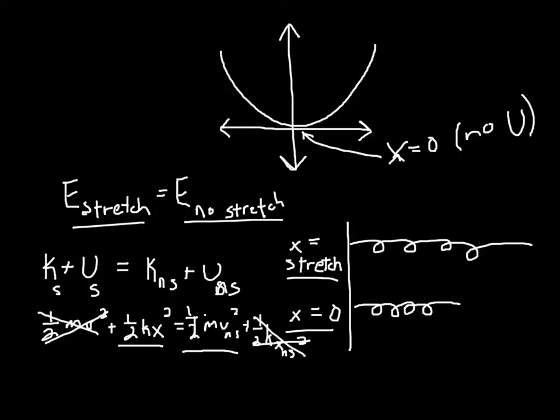But I started with some energy, so this means that all of my potential has been converted into kinetic. So I have a maximum amount of kinetic energy at this point. And if I take my derivative of this graph and set it equal to 0, I would find that I get a maximum in kinetic energy at this 0 point. So this graph is really showing us that energy changes forms. That I can take a bunch of potential and convert it into kinetic, and I can take that kinetic and convert it back into potential.